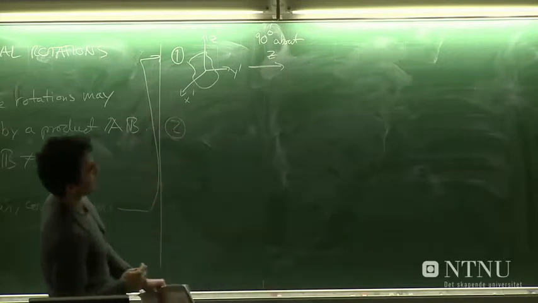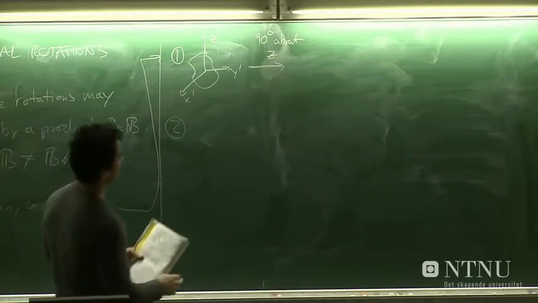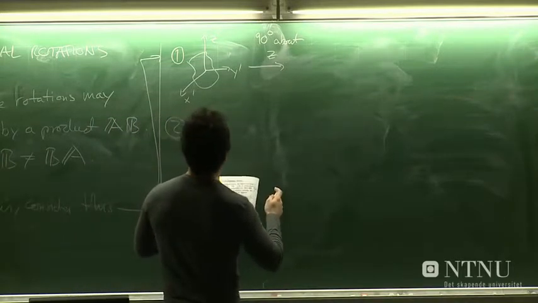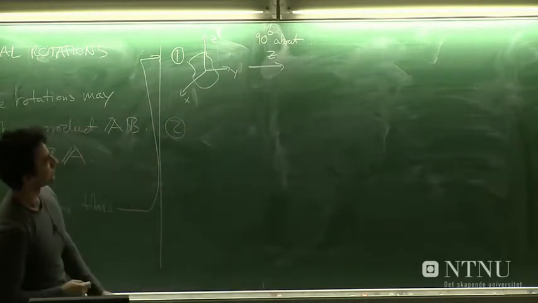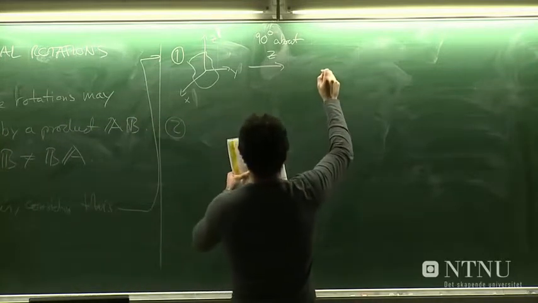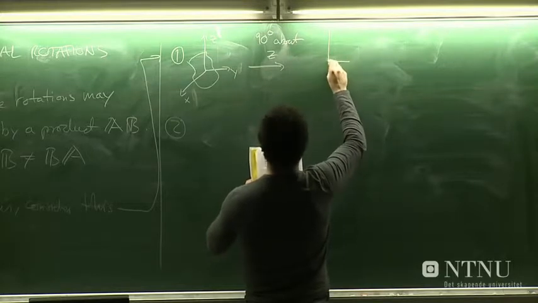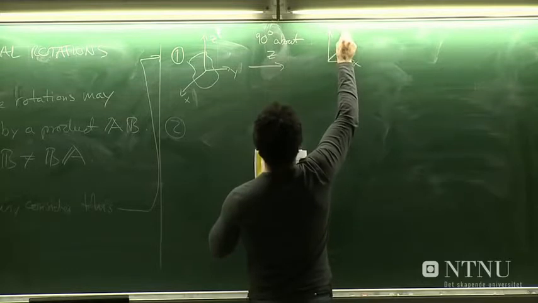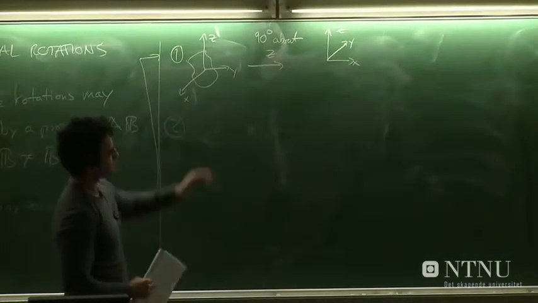So the first thing is to rotate the system 90 degrees around the z-axis. Sorry, let's remove the primes here. So 90 degrees about the z. We should then get this. I'm rotating the system like this.